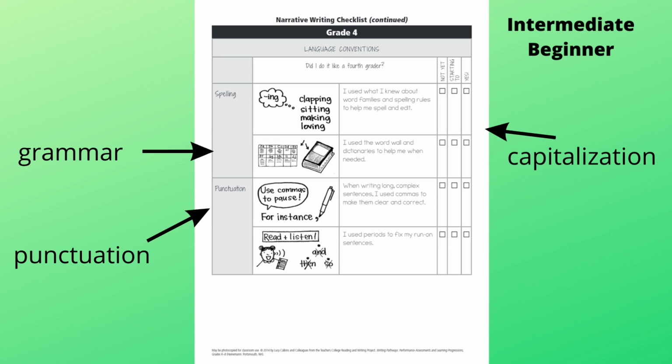On this final page, the student is expected to demonstrate competency in the standard areas of writing, punctuation, and grammar. To get a student off to a good start, like I said earlier, it would be helpful to scaffold the task by requiring the student to complete certain sections of the checklist at first.